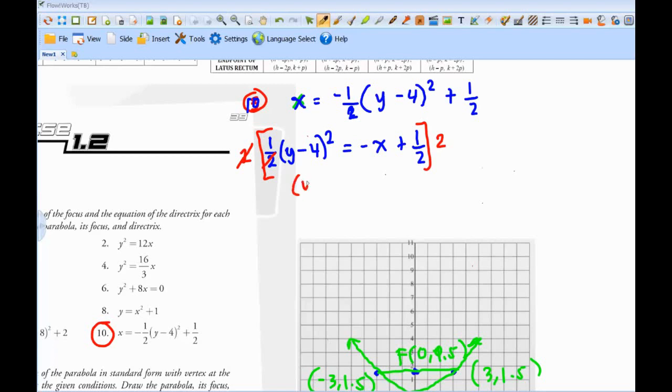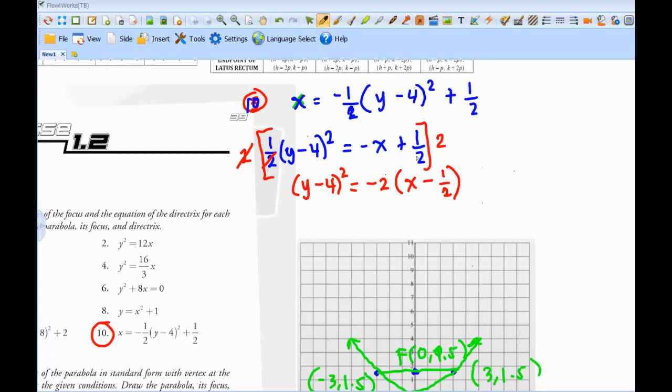Our new equation is (y minus 4) squared equals negative 2 (x minus half), because we factor out the negative. Negative 2 times negative half is 1 actually.